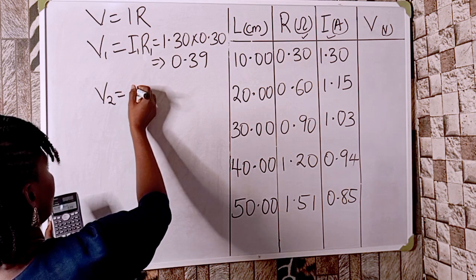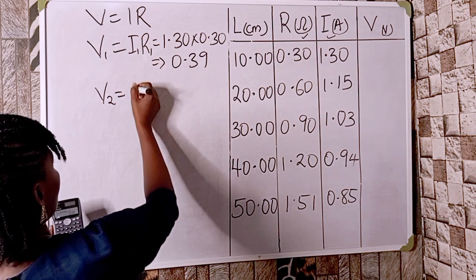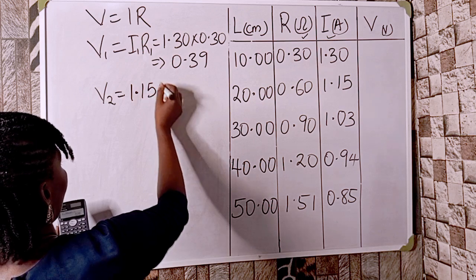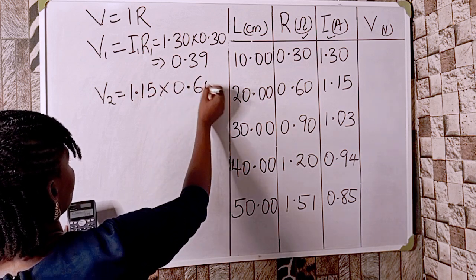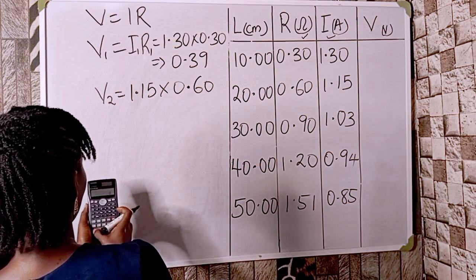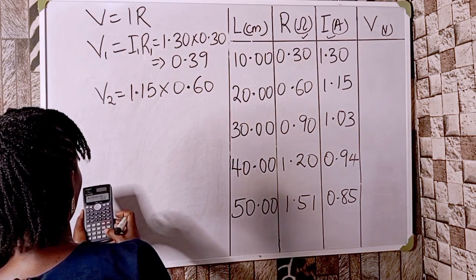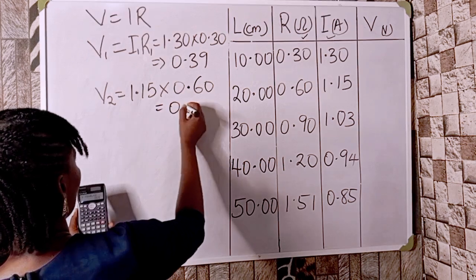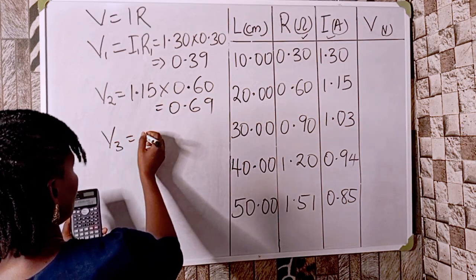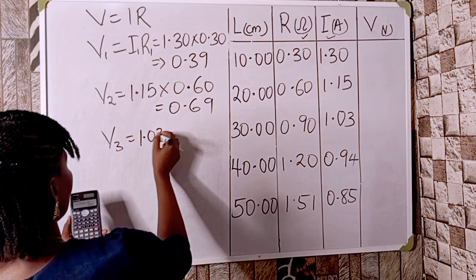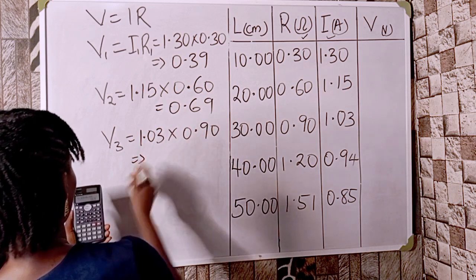V2 is equal to 1.15 times 0.60. I have 0.69. V3 is equal to 1.03 times 0.90.